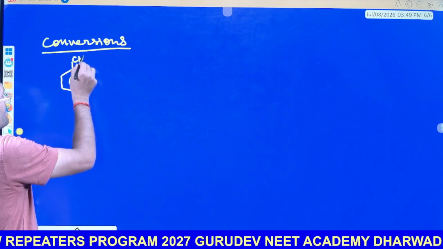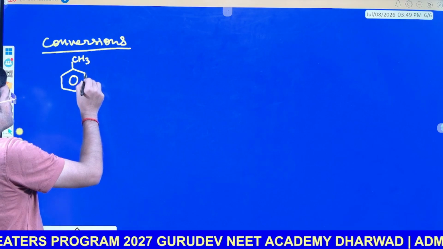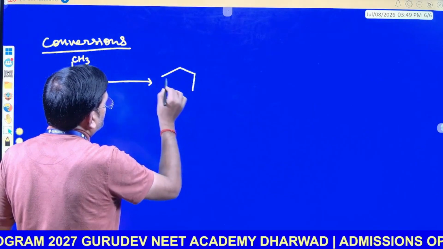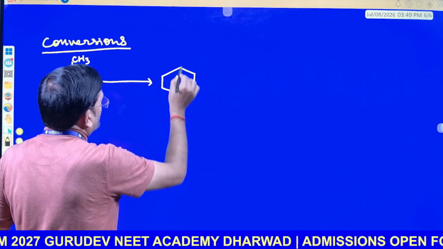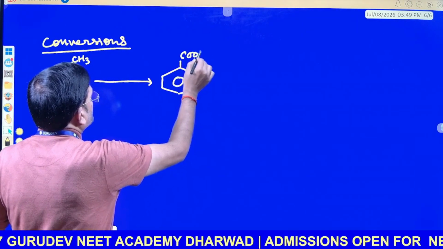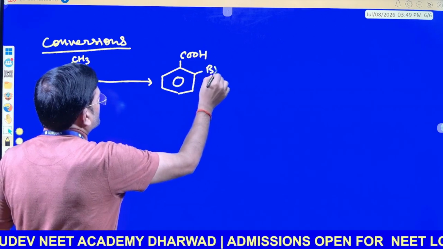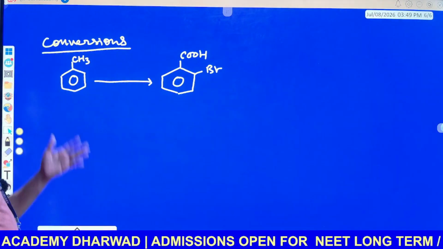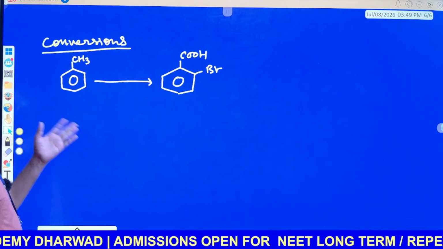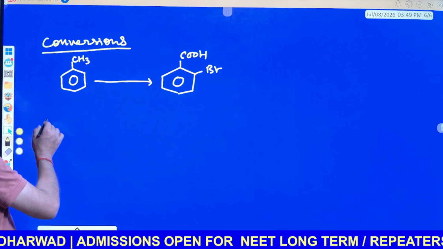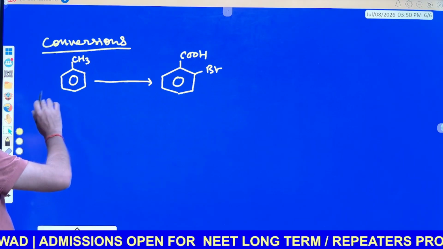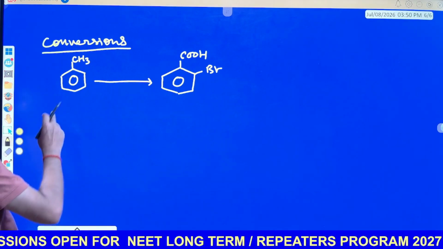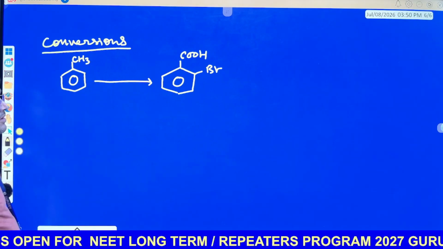You are having toluene and you have to obtain COOH-Br. You have to bring about this conversion. What happens actually in JEE Advanced and JEE also, the question comes and options are given: which among the following is the suitable set of reagents required for this conversion.